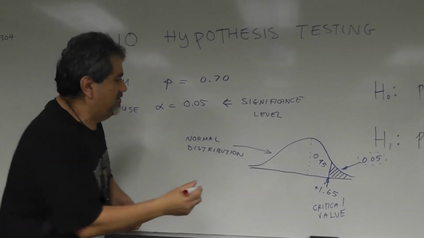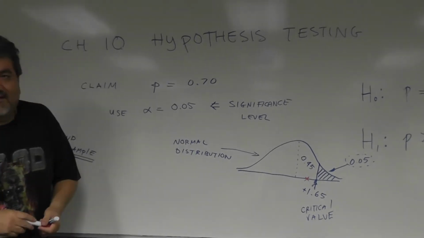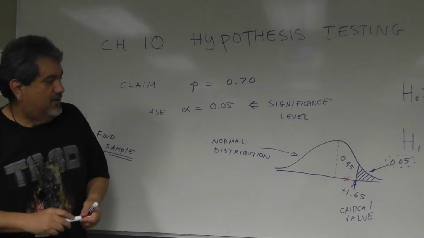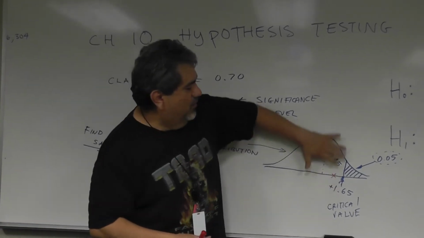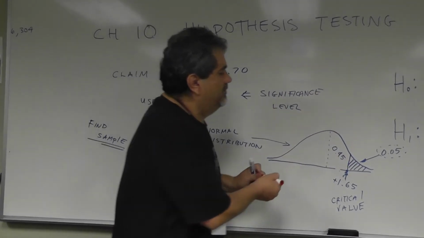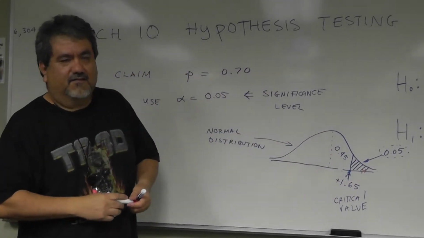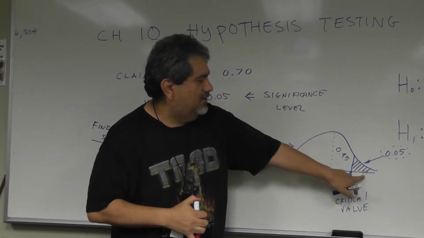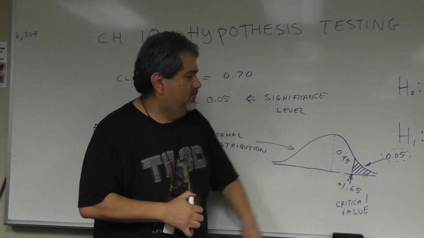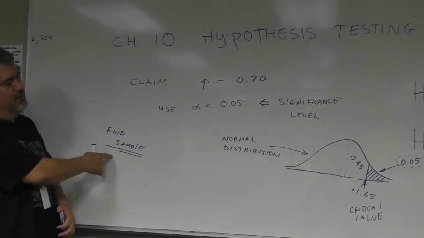If the sample is here, you will accept the null because this is the null area. If the sample is here, you will accept the alternative because that's where the alternative lies. And we don't know yet how to find the sample, right? We are going to find that in a minute.